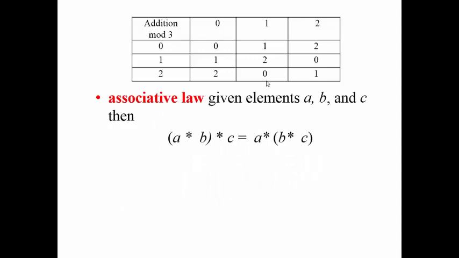And finally, we have the associative law, and that tells us that given A and B, and the parentheses tell you to do this operation first, followed by C, you can change the parentheses so you could do the B operation C, and that could be multiplied A times that.